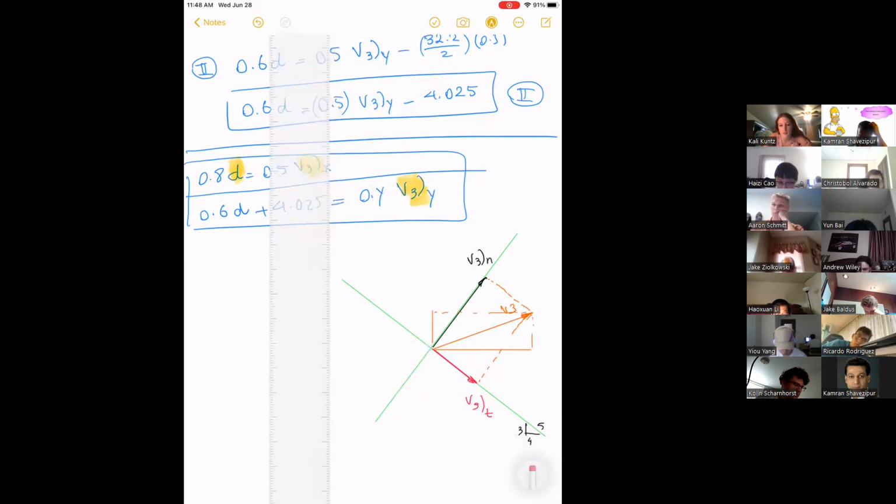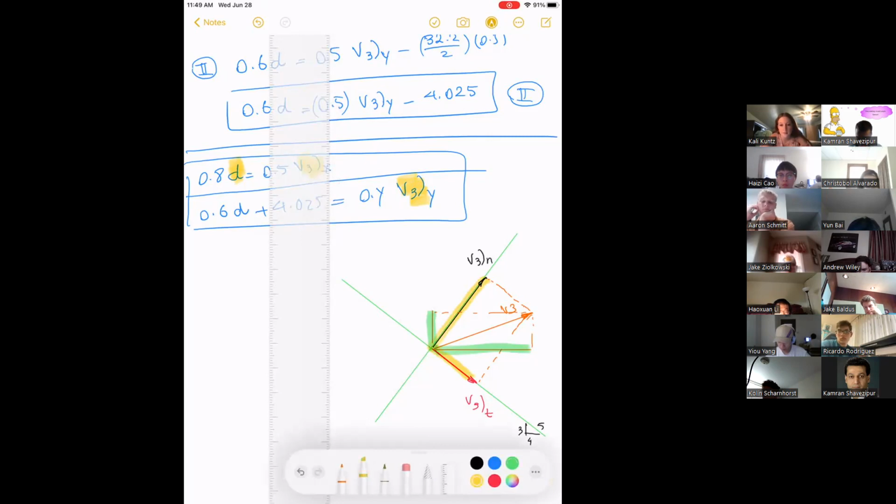Can I get the X and Y component of this guy and this guy and add them together to get these two components? Can I do that? Yes or no? Kelly, if I get the X and Y component of this yellow highlighted vector and add them together, do I get these two or not?